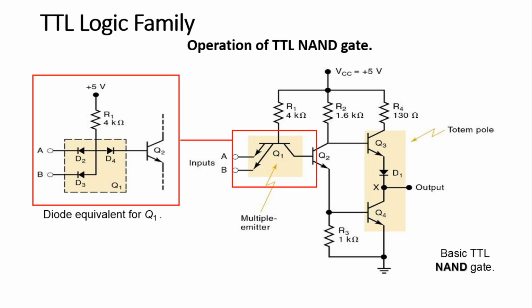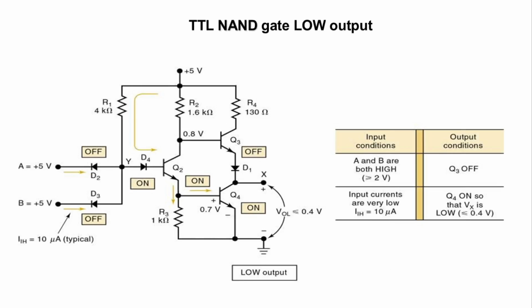And this is the operation of TTL NAND gate, which consists of Q1 transistor, Q2, Q3 and Q4. There are 4 transistors which are connected as shown. Now, TTL NAND gate for low output.